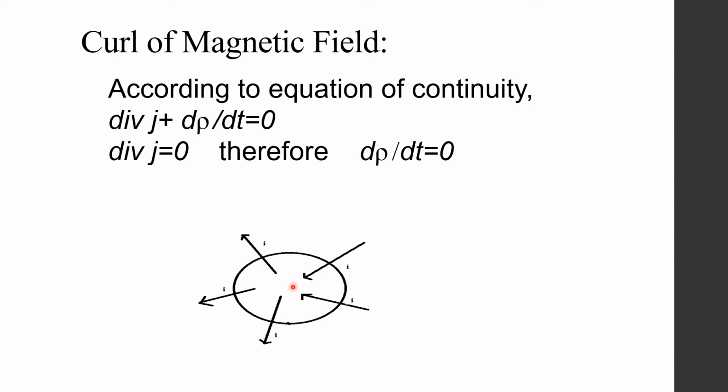That is, we can say this current density J does not change with time.